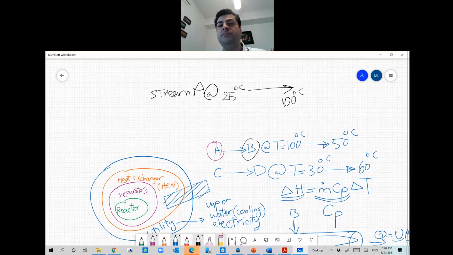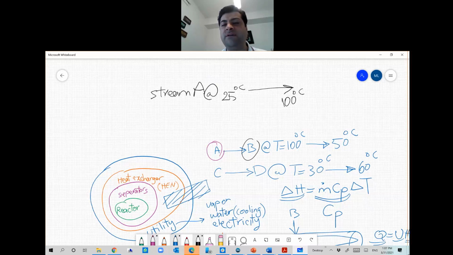But due to some estimations or restrictions in the process, which is a kind of advanced work, you cannot heat up this stream by another process stream which is, for example, hot and is required to be cooled down.